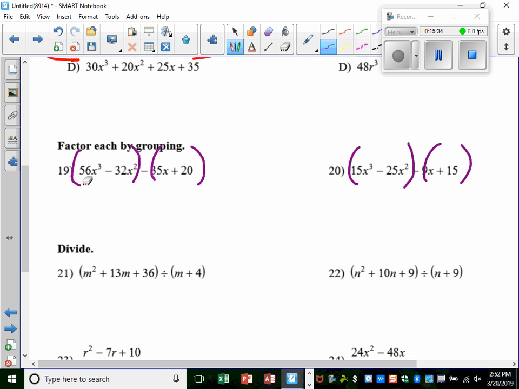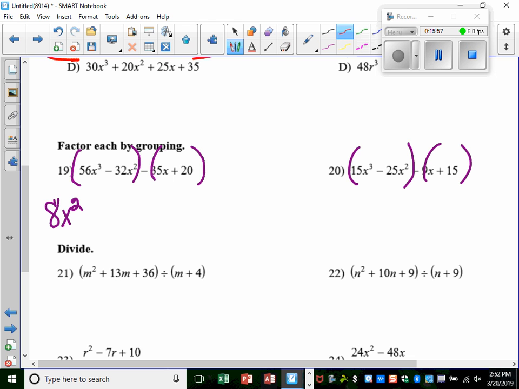So when I look at 56 and 32, I'm just going to do the number part first. What is the largest number that can go into 32 and 56? 8. Very good. And then when I see that both of them have x's, I always choose the smaller of the two. So that's going to be 8x to the second.